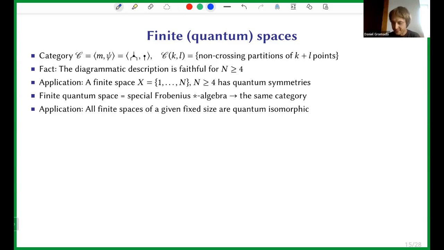Isomorphism is like automorphism, but it maps one thing to the other. So quantum isomorphism is like quantum automorphism. So again, this means you can construct a matrix with non-commutative entries, but this matrix will map one of the quantum spaces to the other.